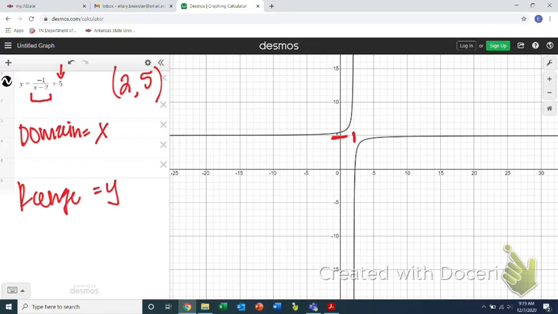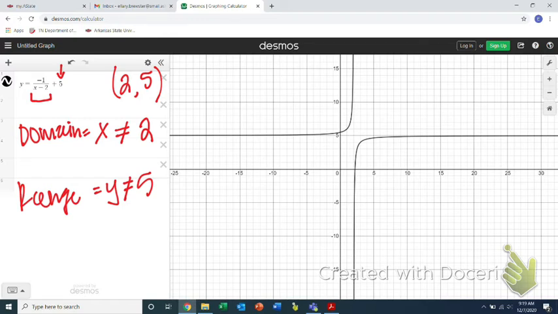Okay? So your domain is when x is everything but 2, because it never actually touches that 2. Your range is when y is everything but 5, because it comes really close to touching that 5, but it never actually touches it. Okay?